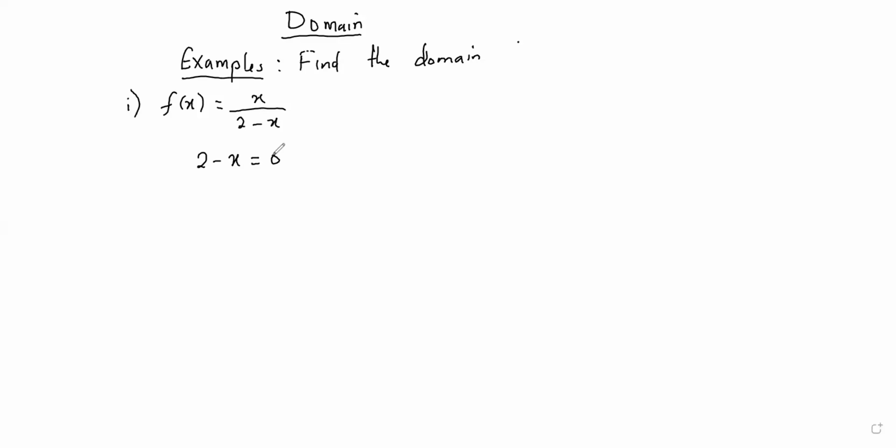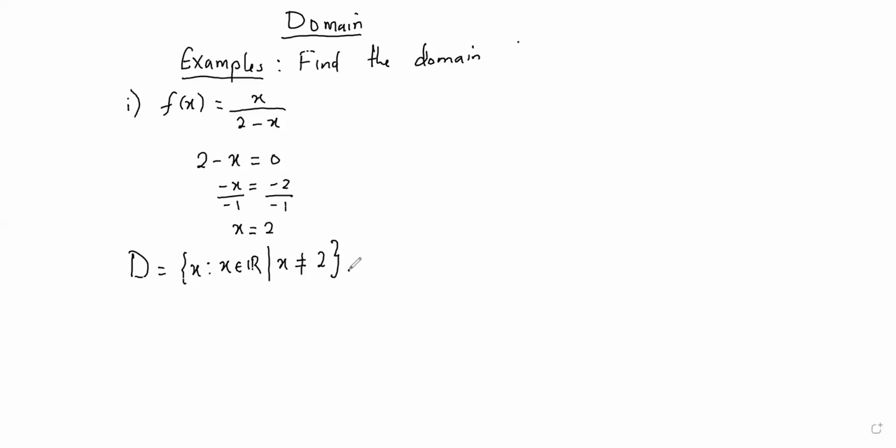So say, okay, this is minus x is equal to minus 2, divide by minus 1. So we'll get x is equal to positive 2. Meaning the domain is x, such that x is a real number, but x is not equal to 2.